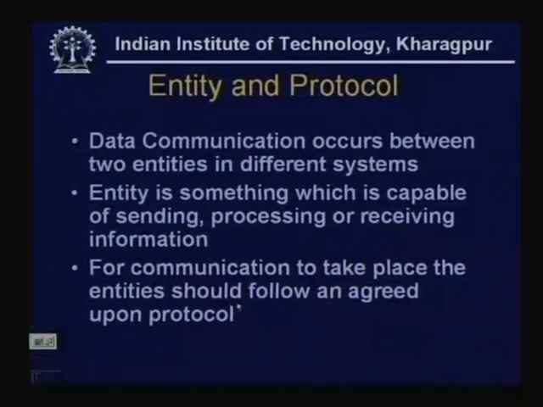For example, if two persons want to communicate, they should use the same language. If one person is speaking in Bengali and another in English, they cannot communicate with each other. They should follow some agreed upon rules, which are known as protocol. So, for communication to take place, the entities should follow an agreed upon protocol.